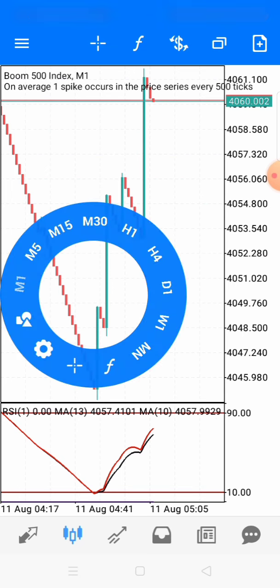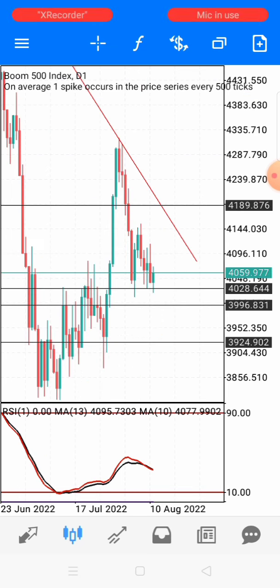As you can see here, going to a higher time frame, like the daily time frame, I have my support, resistance, and the trend line. Of course, it's a downtrend, but I'll actually just be showing you how to catch spike, and it also works for scalping.